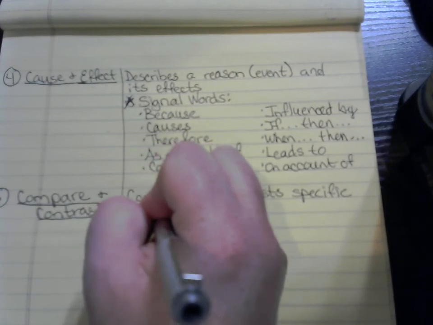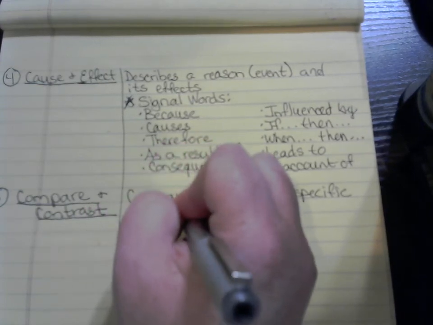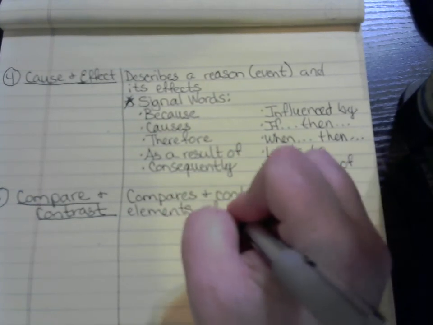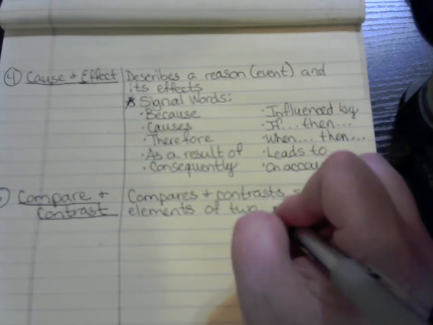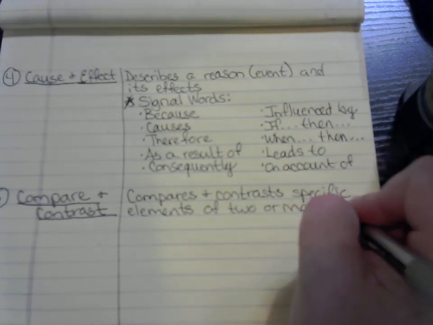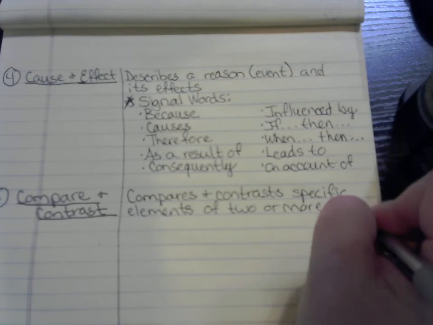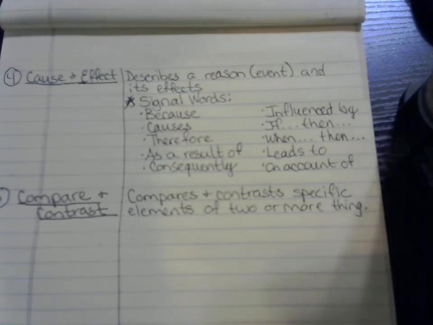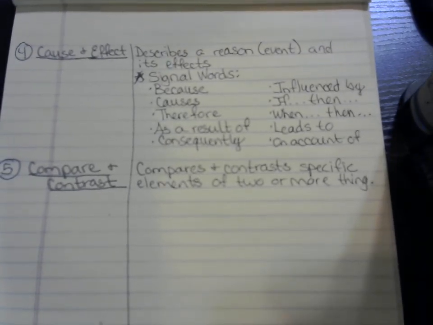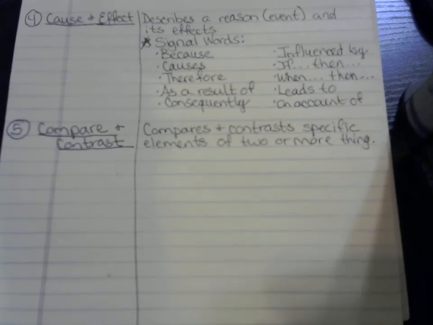You cannot possibly compare every single thing of two objects. It's just not possible. So you want to hone in on specific elements of two or more things.